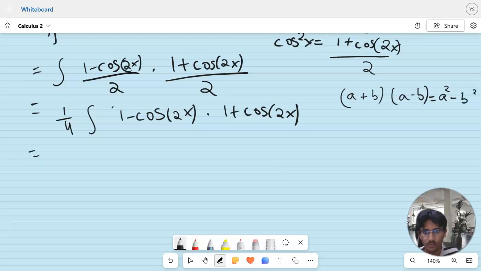Now we can see over here this resembles that, right? So we could write these two terms as 1 minus 1 squared, which is just 1, minus cosine squared 2x.